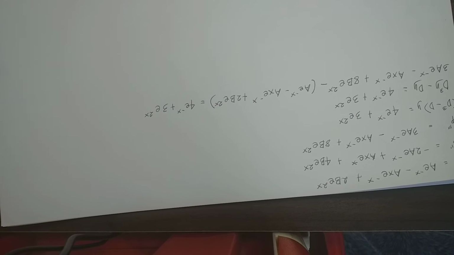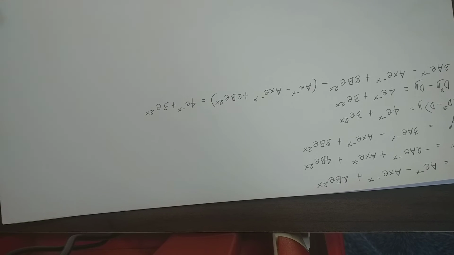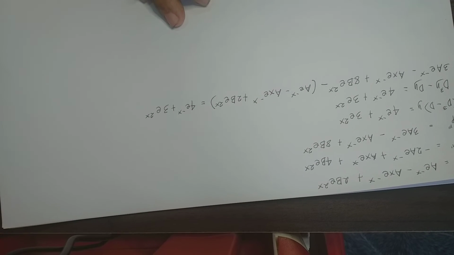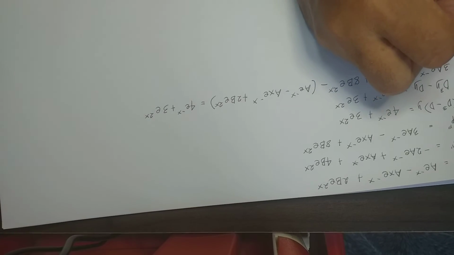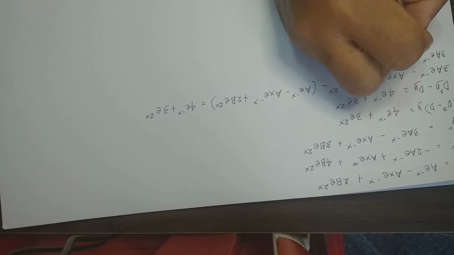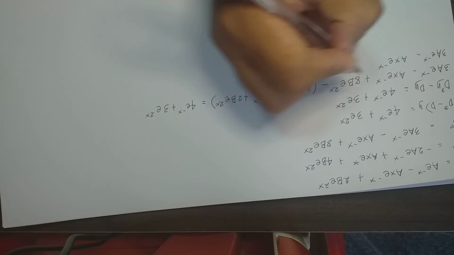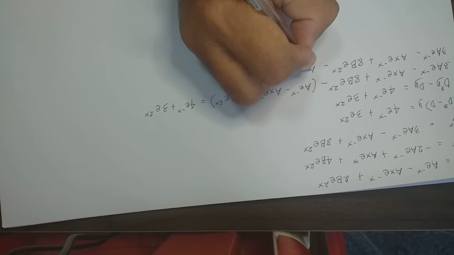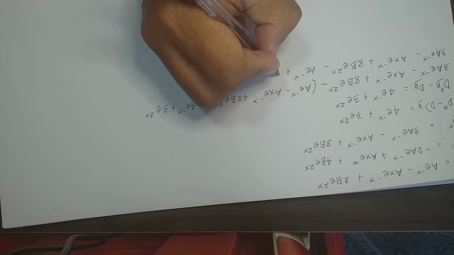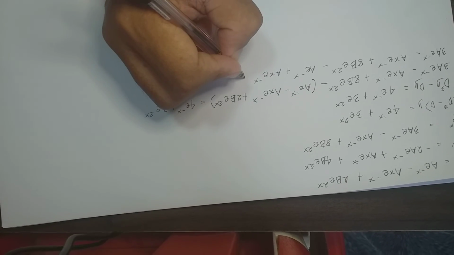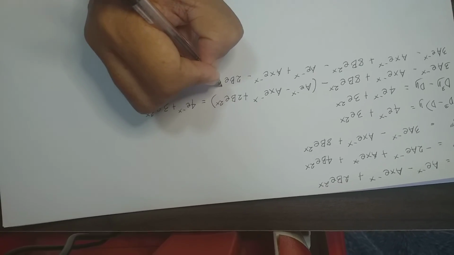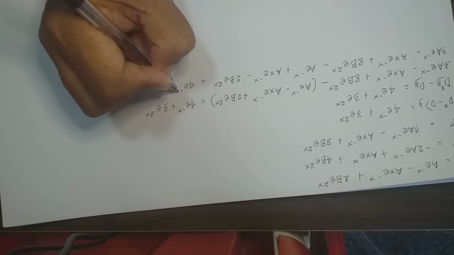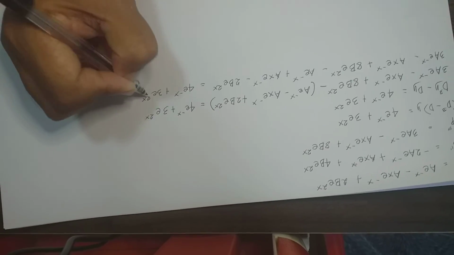Simplifying this further, we have 3a e to the negative x minus ax e to the negative x plus 8b e to the 2x minus a e to the negative x plus ax e to the negative x minus 2b e to the 2x is equal to 4e to the negative x plus 3e to the 2x.